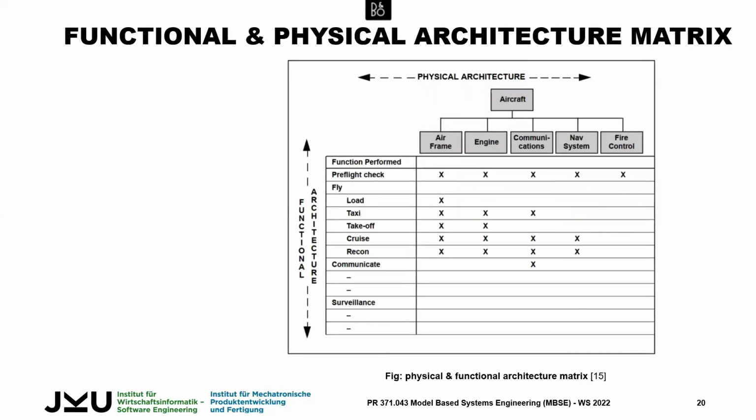And this is actually the functional and physical architecture matrix. So these are the functions. We bring the functions for an aircraft, and this is the physical architecture of an aircraft: airframe, engine, communication, navigation system, and fire control. And here are the functions: pre-flight check, flight load, taxi, takeoff.